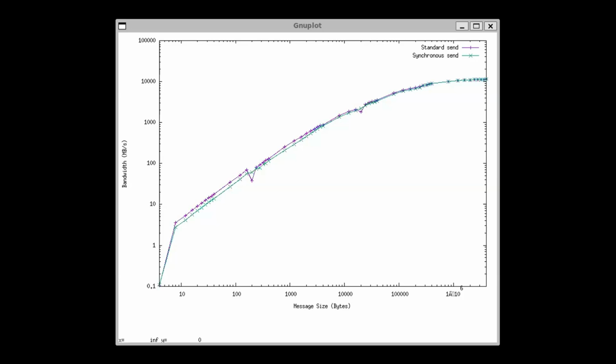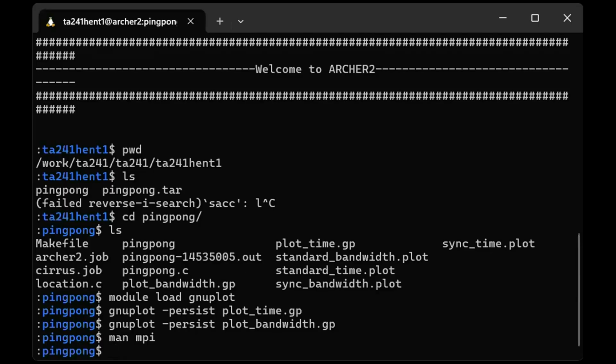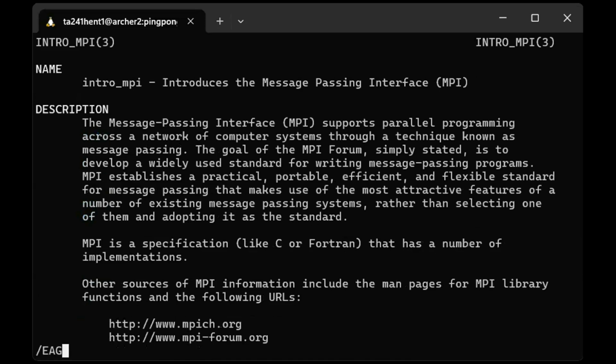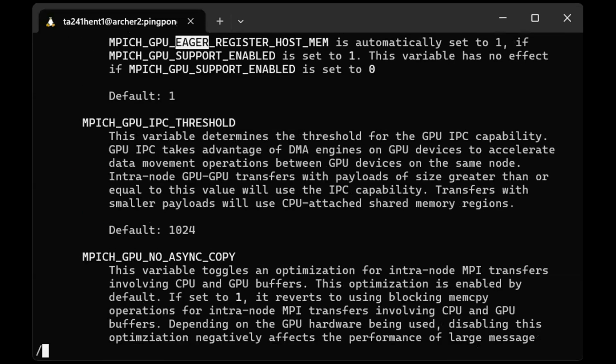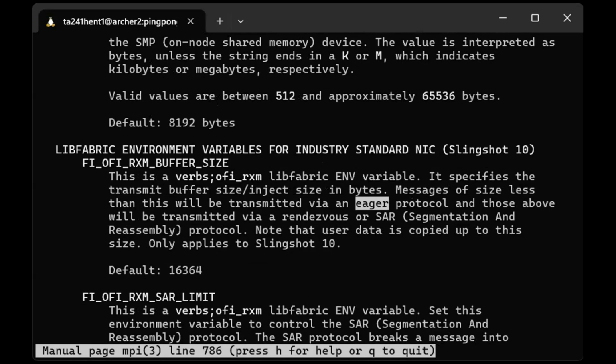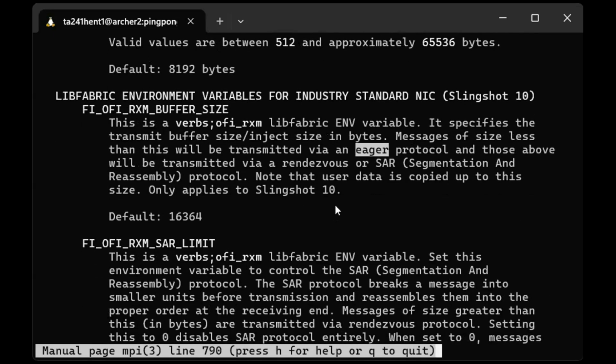However, this is why things can get a bit confusing. If you actually look at the manual, if I do man MPI and I look for eager, I get a few hits. But here it says that there is a variable here for the buffer size, and it says that the eager limit is 16K.